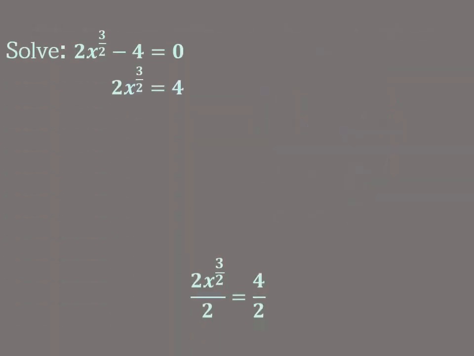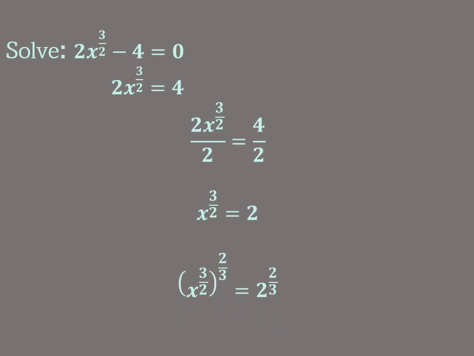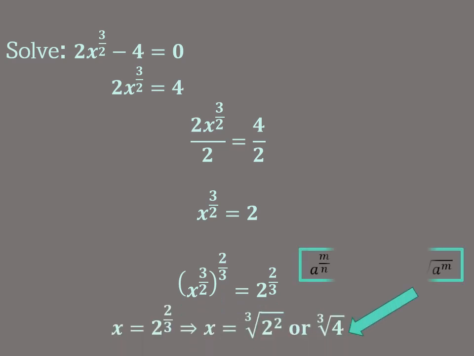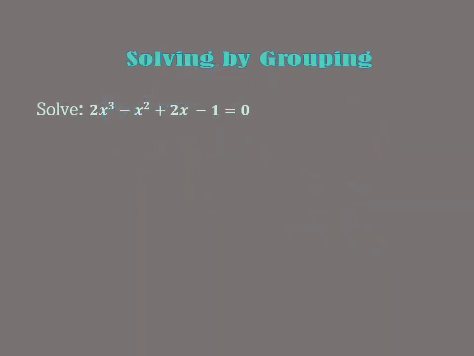Another example, now solving by grouping. So we have a polynomial of 4 terms. Every time we have a polynomial of 4 terms, we need to solve by grouping.